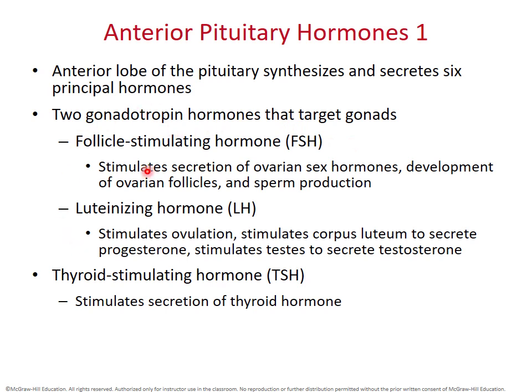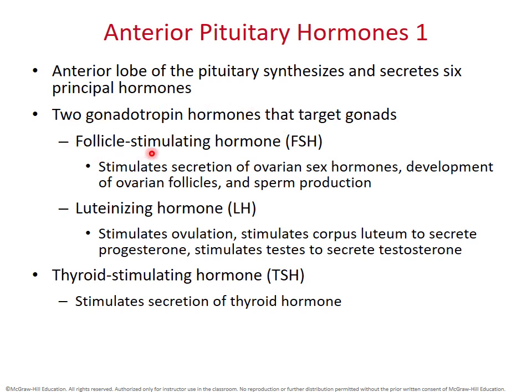The first two are kind of functionally linked together. They're called follicle-stimulating hormone and luteinizing hormone. These names reflect their activity or effect on the ovaries, but they also affect the testes as well. But for whatever reason, we choose to name them based on their effect on the ovaries.